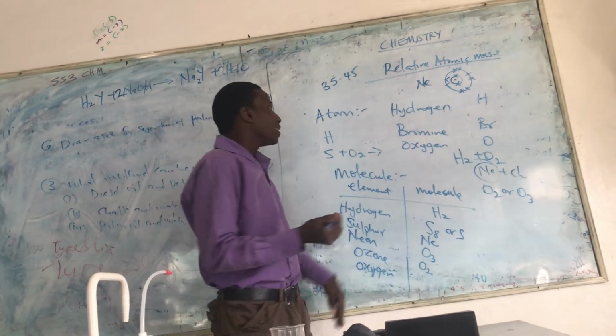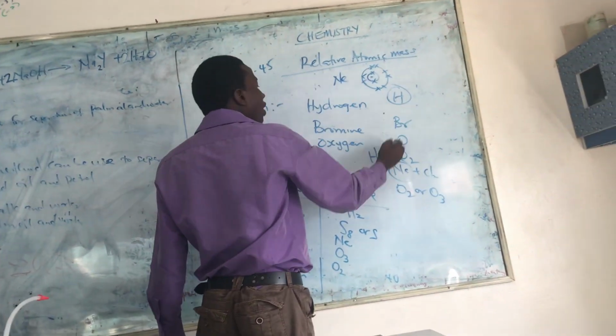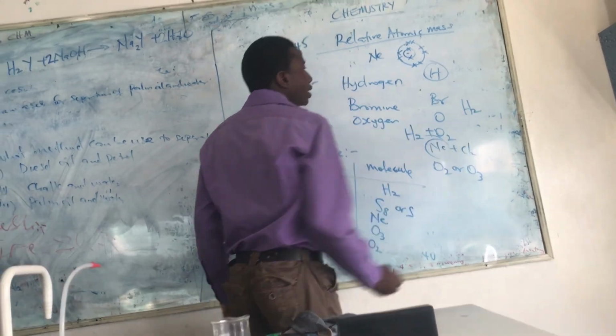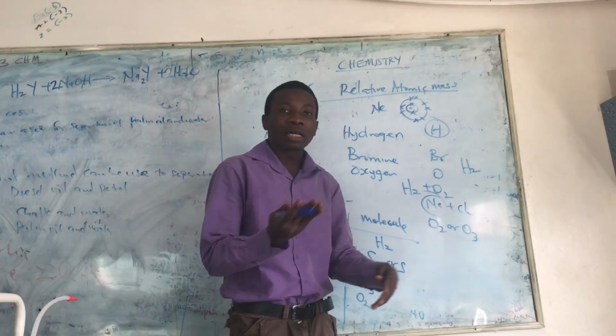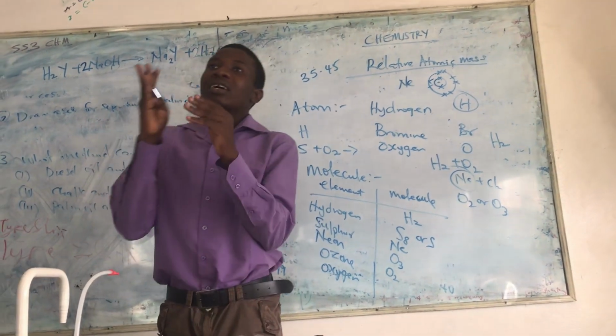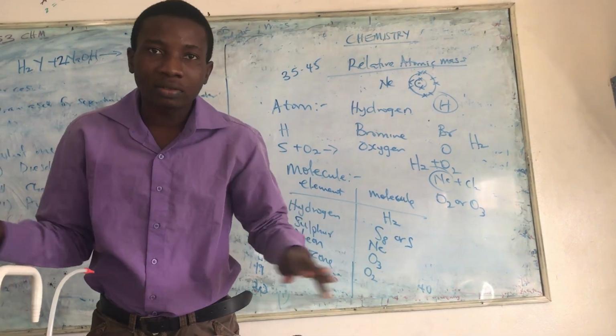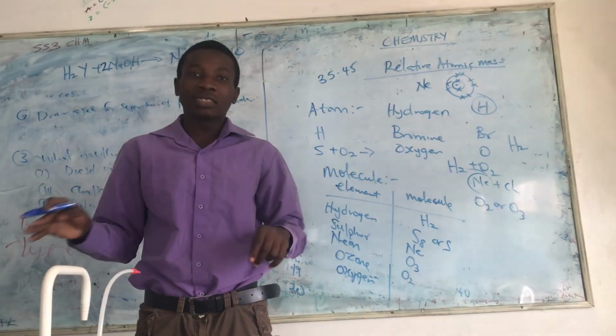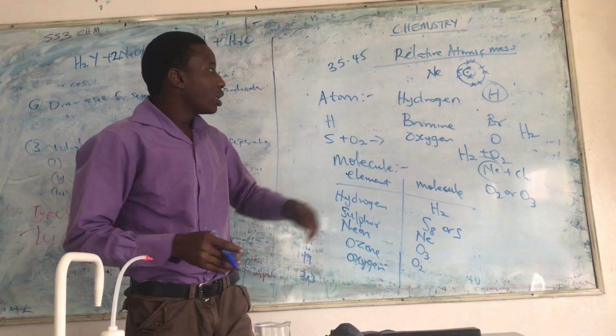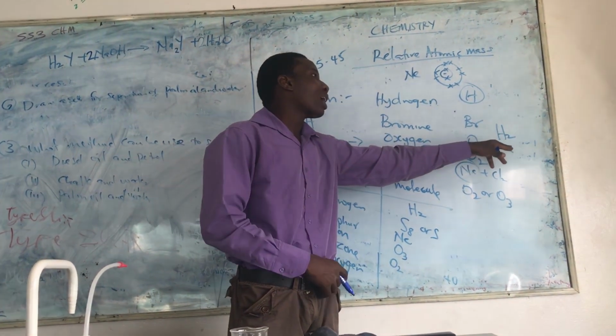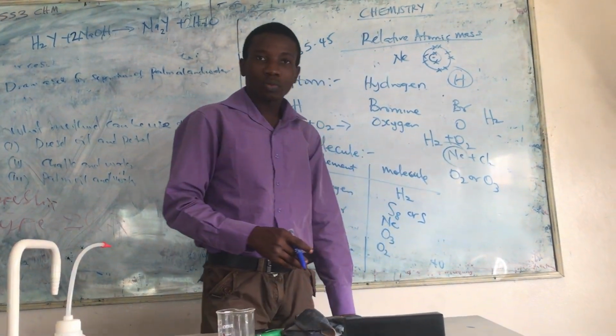For hydrogen now, there's no H like this. We have hydrogen gas, which is H2. That means this hydrogen gas is a substance. When you're talking about a molecule, it's the smallest particle of a substance, the smallest way a substance can exist. The smallest way hydrogen can exist is H2.